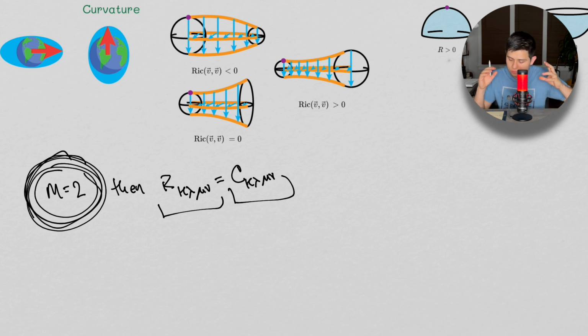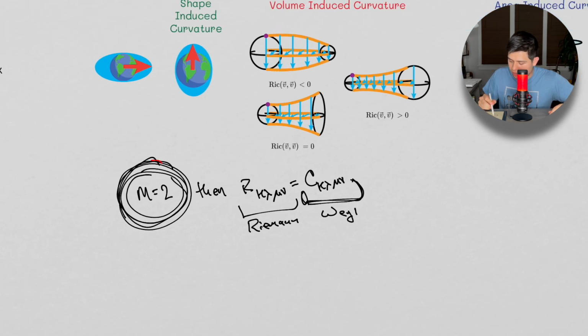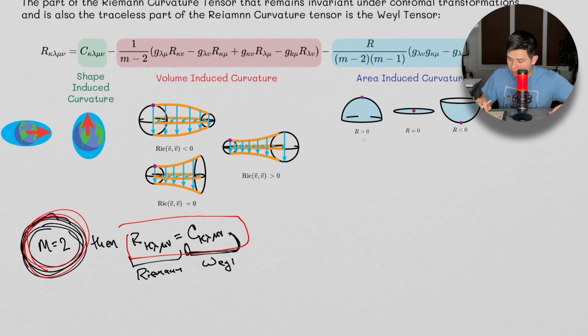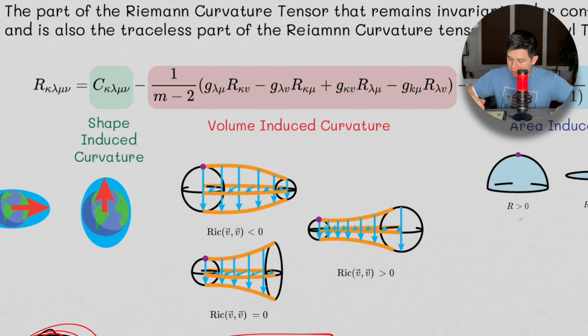Because, again, I don't know what I said when I boxed this, but what I meant was the Weyl tensor, right? So this is Riemann, and this is Weyl. And this case right here, m equals 2, that gives us this, right? If m equals 1, that's quite interesting also, right? Because what happens here is, if m equals 1, this thing here becomes negative, because 1 minus 2.